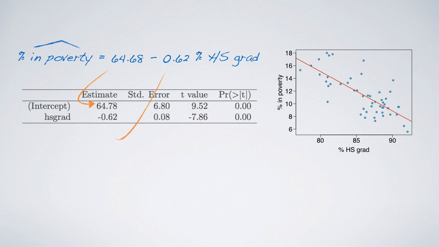And we can also see our slope as the estimate that's associated with the explanatory variable. We're going to talk about what the standard error, the t-score, and the p-value mean later on in the course. So for now, let's just focus on the estimate column, where we can find what we call our parameter or coefficient estimates for the slope and the intercept.